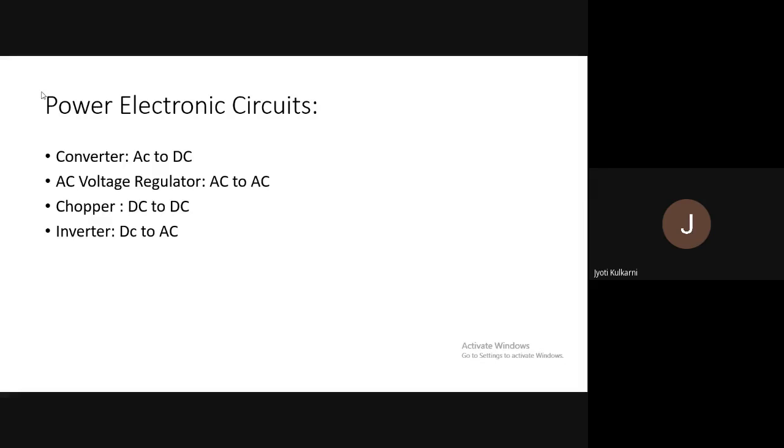Okay, so with the AC voltage regulator, we are going to regulate the output. We cannot step up. In the transformer, we can step up the voltage, but in a regulator, we cannot. If I have 230 volt AC, then with the help of a transformer, I can make it greater than 230, like 440, 460, 1000, 2000, like that.